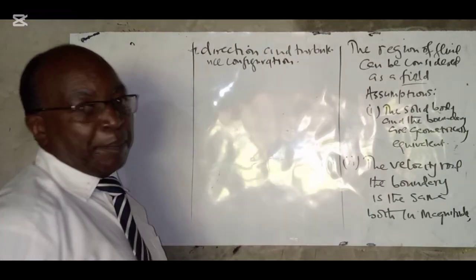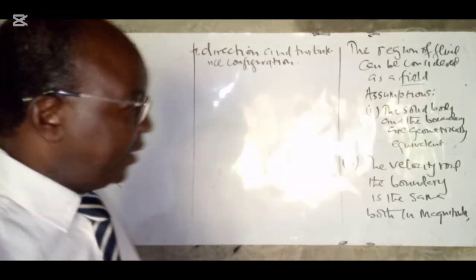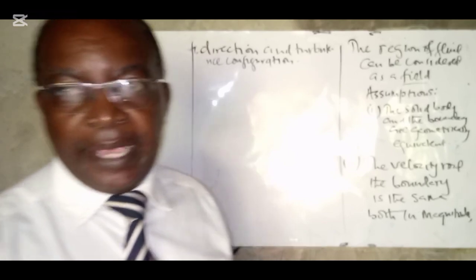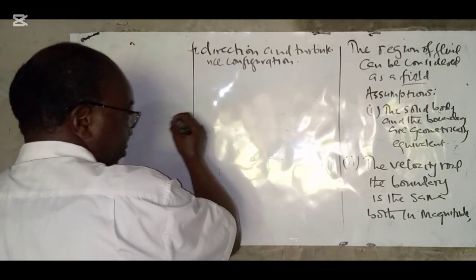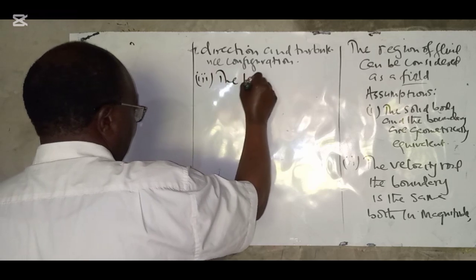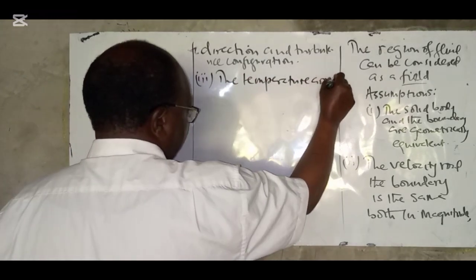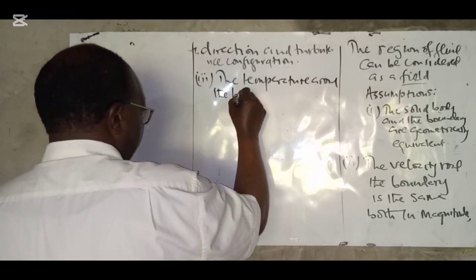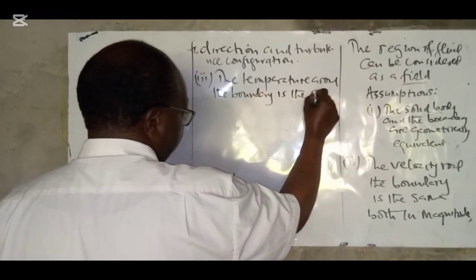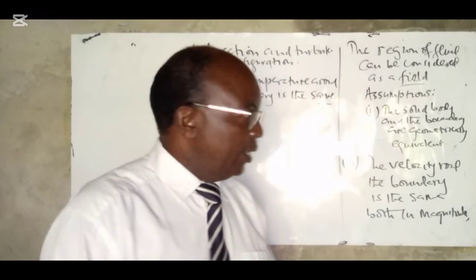So basically, we're talking about the pattern of the turbulence. And the other assumption is that the temperature around this boundary is also the same. So what are we saying?